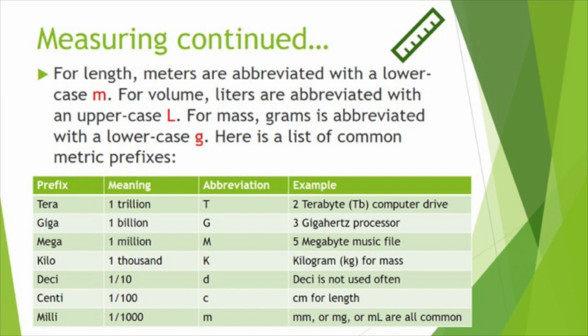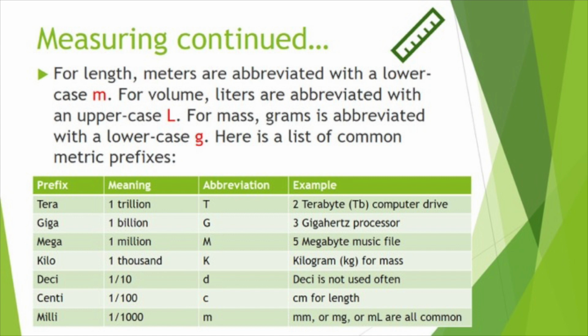Giga is 1 billion. Mega is 1 million. So if you have songs you've downloaded onto your phone, those songs are usually measured in megabytes because they'll have millions of bytes in them. And then the more day-to-day ones outside of electronics, we have kilo, so we talk about a kilogram, or centi and milli.